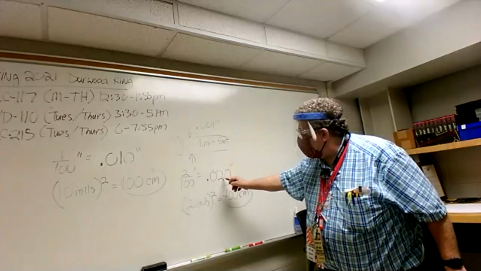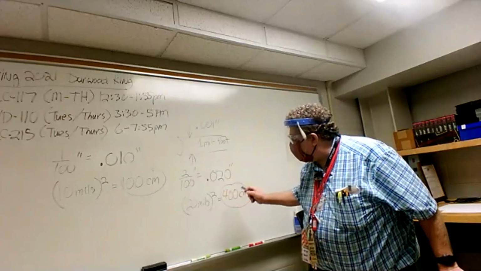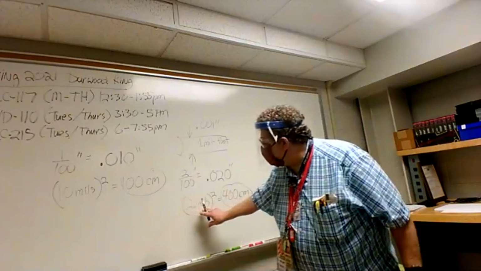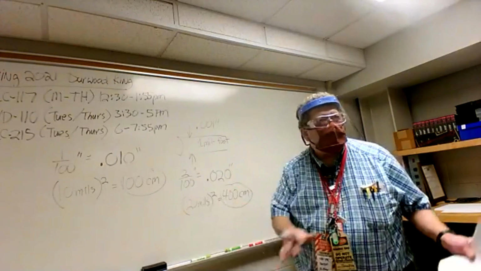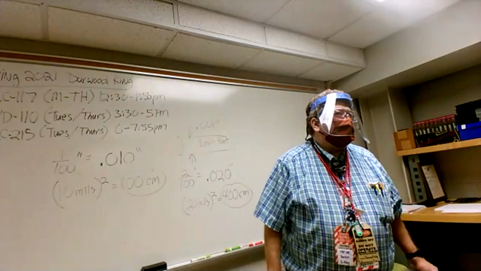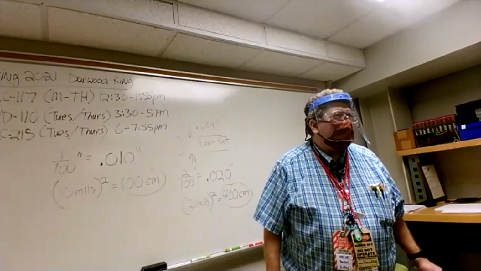You double the diameter. But when you square it, the number quadruples. So when you double some number and you're squaring numbers, just by doubling the number, the answer quadruples. It doesn't just double, but it actually quadruples.